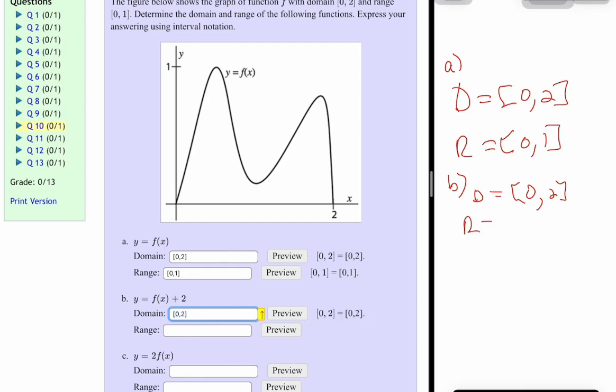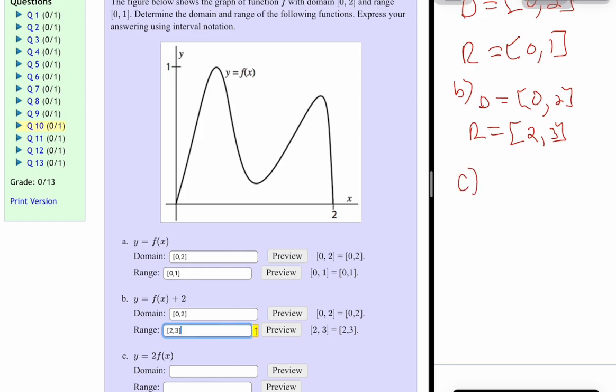But we have lifted that function. So we have to take our range and add 2 to both of those because it's gone up higher now. So instead of from 0 to 1, add 2 to both of those. So that would go from 2 to 3. Think about it: if it's on the outside, it changes your range. If it's on the inside, it changes your domain.